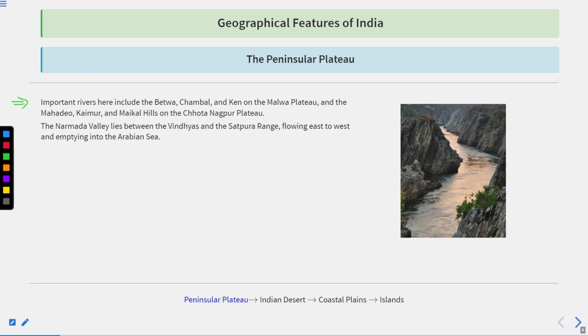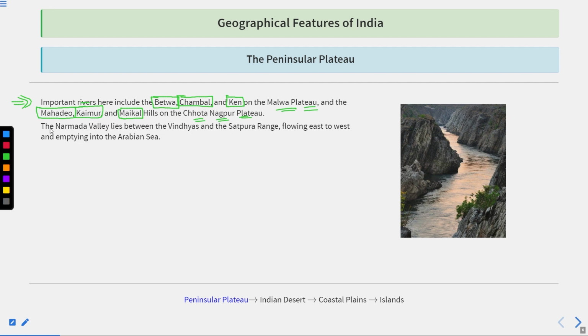Now, if we talk about the important rivers which flow through here, they include the Betwa, Chambal, Ken, and these rivers are on the Malwa Plateau. And Mahadev, Kemore, and Makar Hills, these are on the Chota Nagpur Plateau.